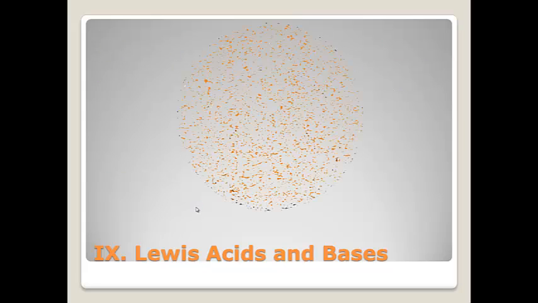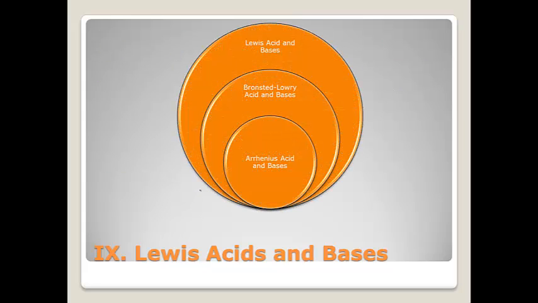Okay, so you can kind of think of acid-base definitions this way. Arrhenius acids and bases, these are going to be the smallest definitions, the smallest group, the most concise group. What happens? They donate H pluses or OH minuses in water. Okay, Bronsted-Lowry, both of them deal with the hydrogen ion, either donating for an acid or accepting for a base.